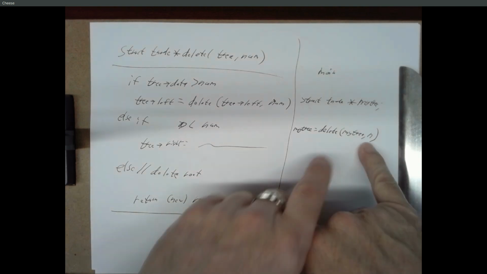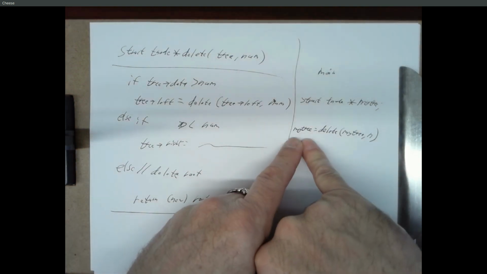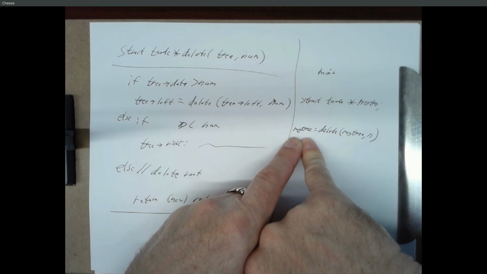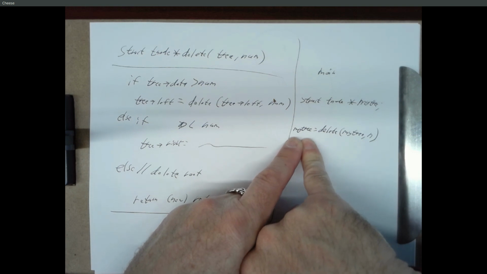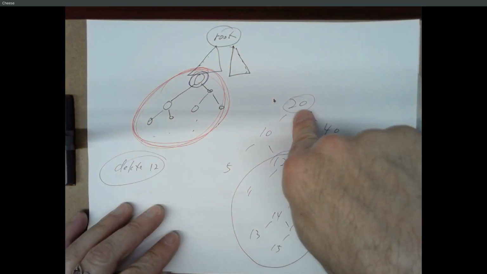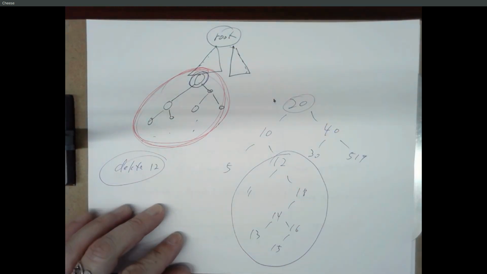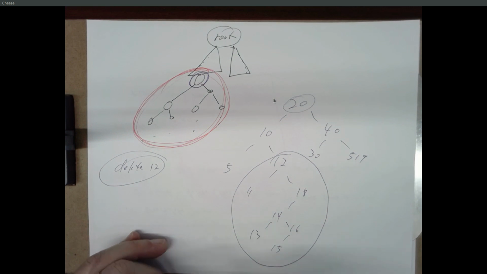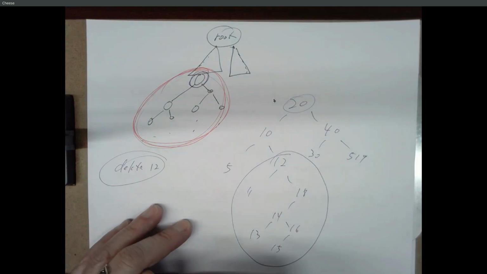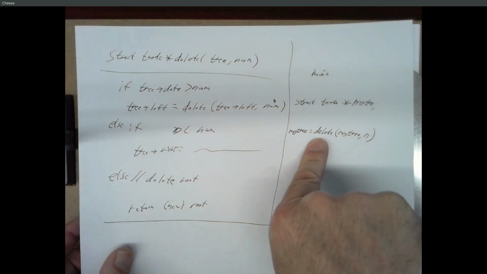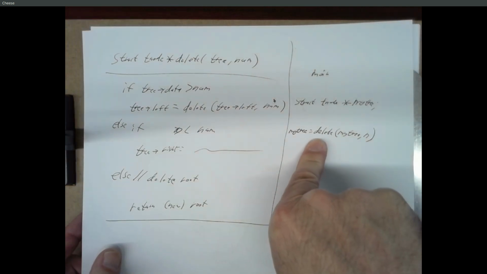So take that tree, delete the root, and then set my tree equal to the root of that new tree. So now if I'm actually deleting the 20, my code would build a new tree with an 18 at the root, and it would return that 18, and this will set my tree equal to that 18. Does that make sense?